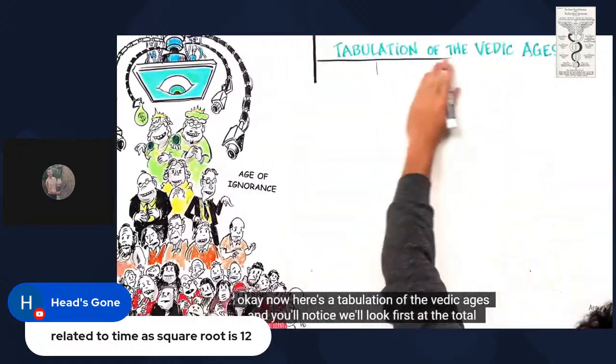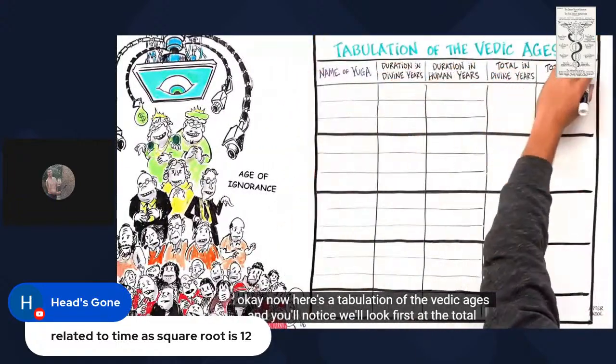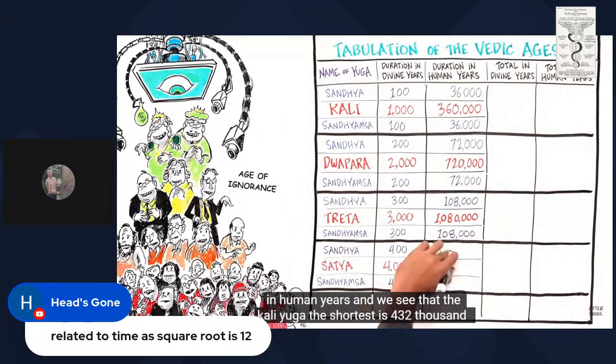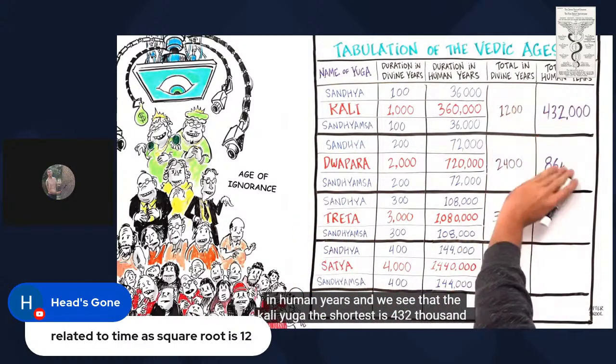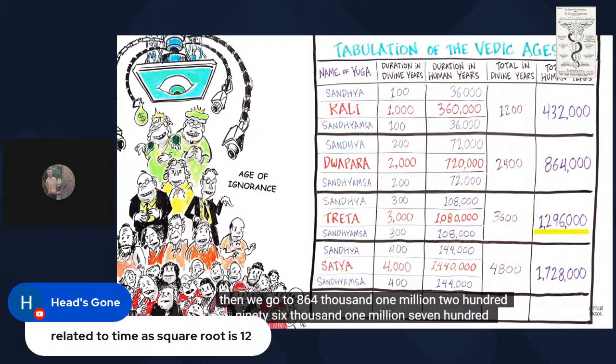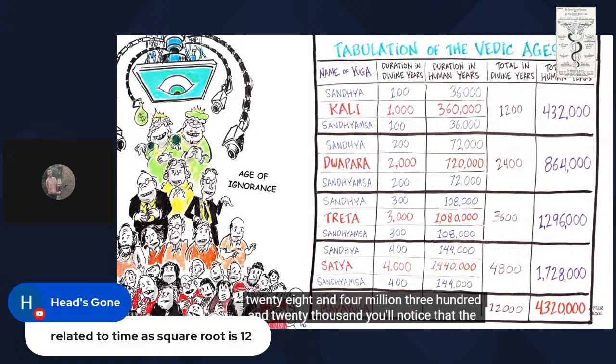Now here's a tabulation of the Vedic ages. We'll look first at the total in human years, and we see that the Kali Yuga, the shortest, is 432,000. Then we go to 864,000, 1,296,000, 1,728,000, and 4,320,000.